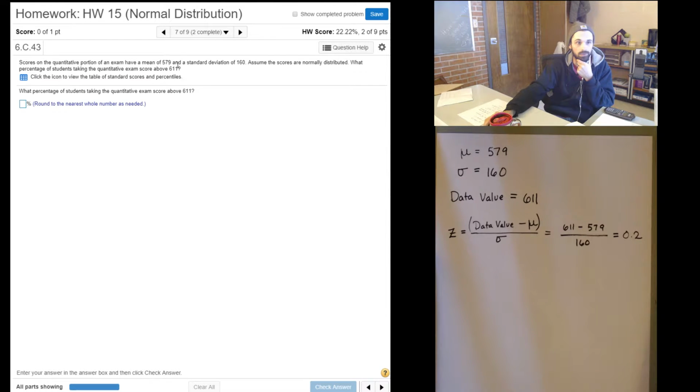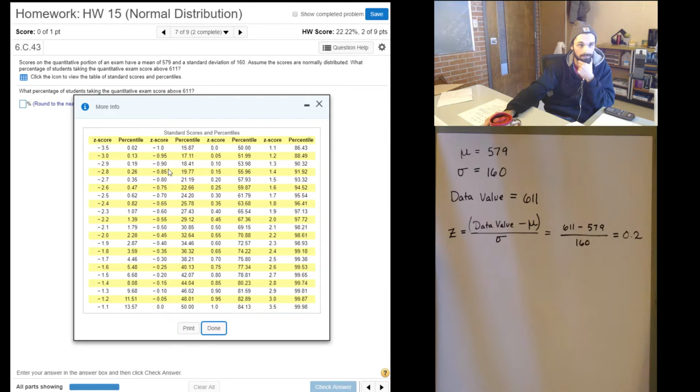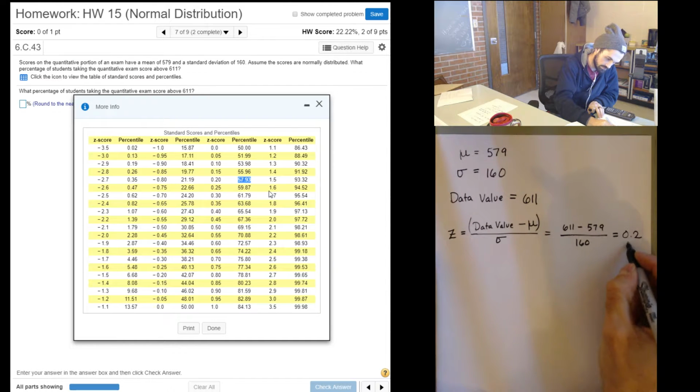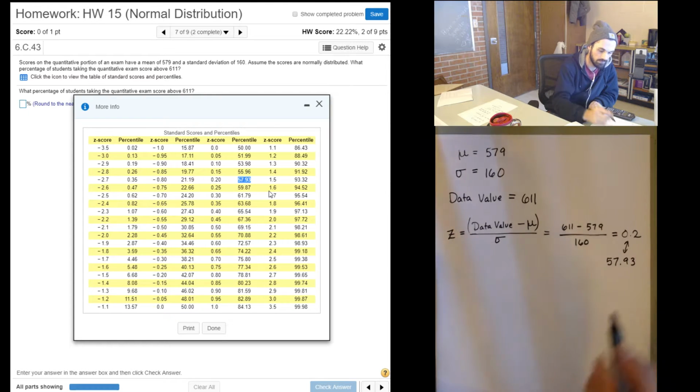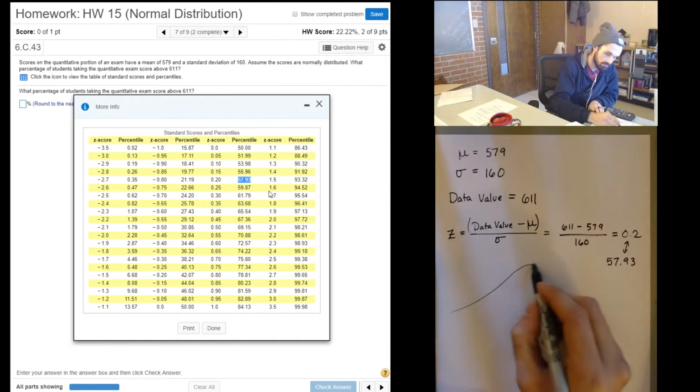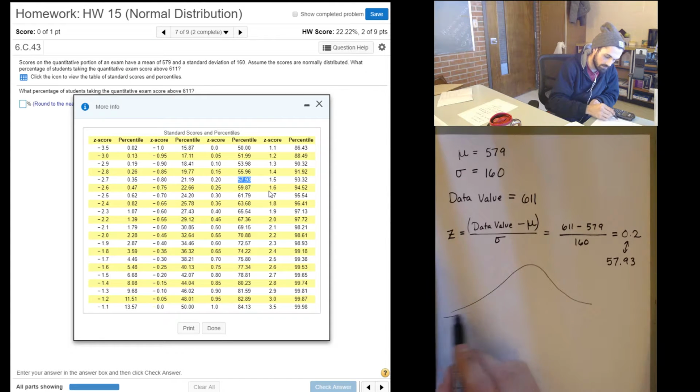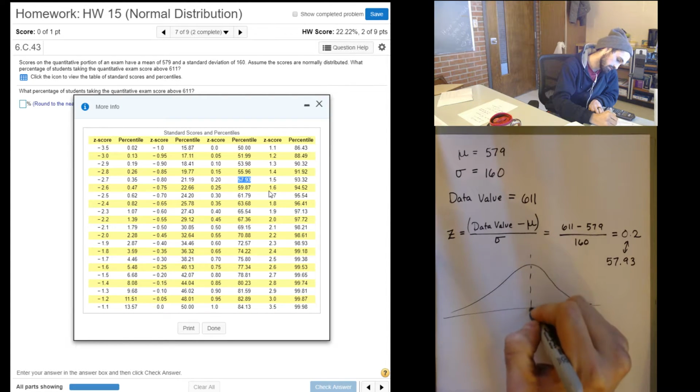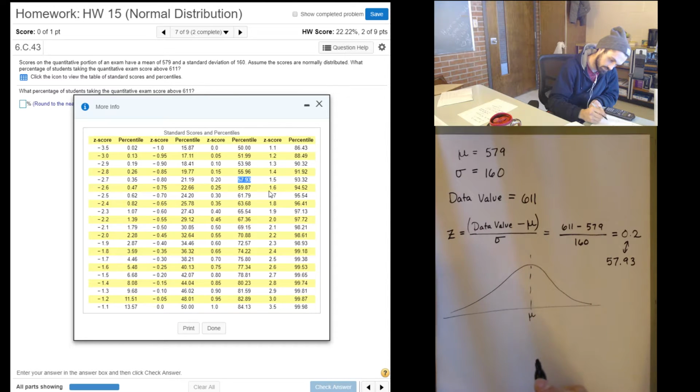So we need to utilize the z-score of 0.2. So here's our table. Z-score of 0.2 gives us a percentile of 57.93. So that's saying, here's our normal distribution. Here's our average.